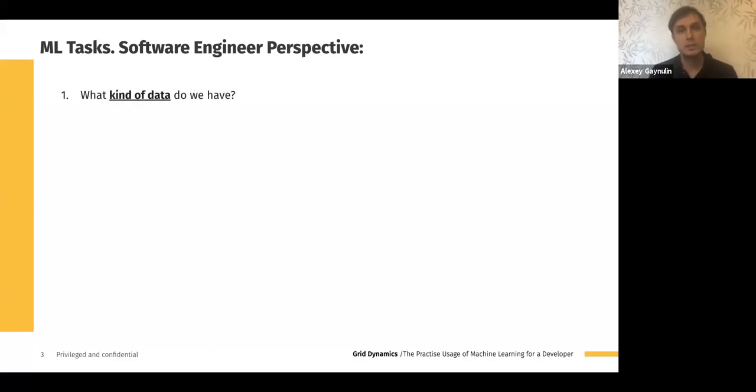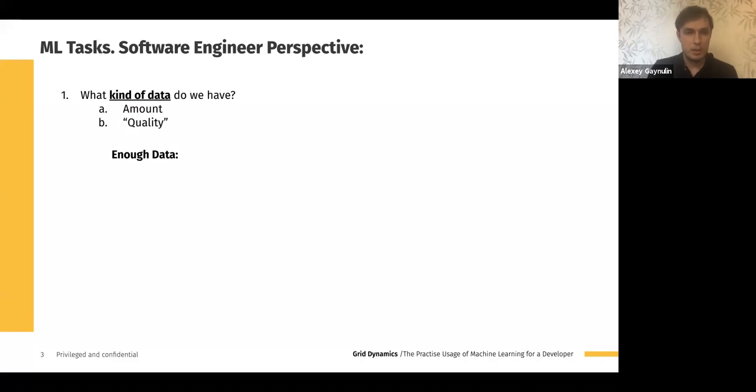The first question is, what kind of data do we have? There are some aspects of it, so we can have amount of data, quality of data, and so on. But the common question that we as software engineers, not machine learning specialists, should ask ourselves is, do we have enough data?